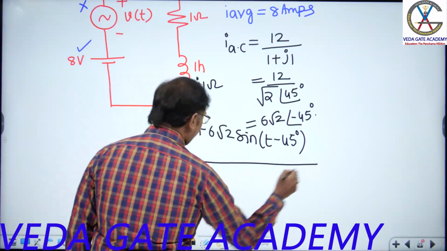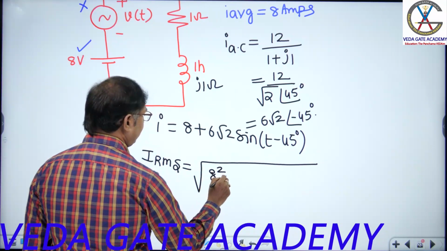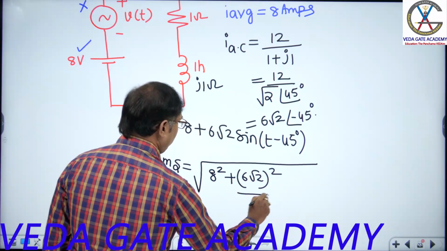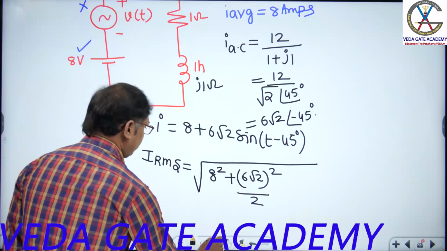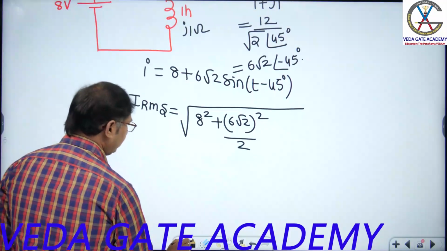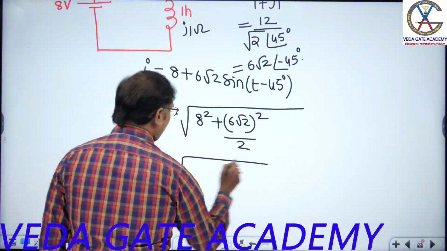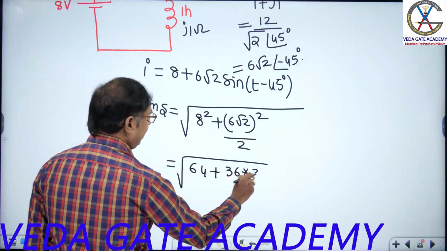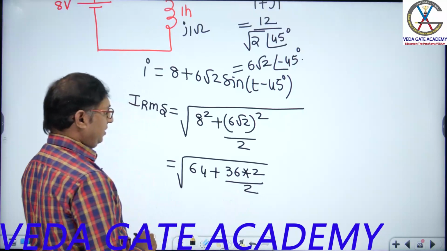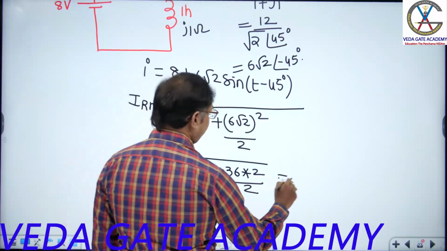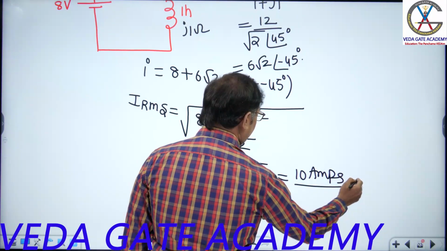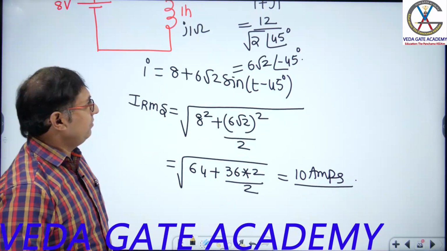Frequencies are different, so use the square root form: individual RMS squares, 8 square plus 6 root 2 whole square by 2. Root over 64 plus 36 into 2 by 2 is 10 amperes. IRMS is 10 amperes.